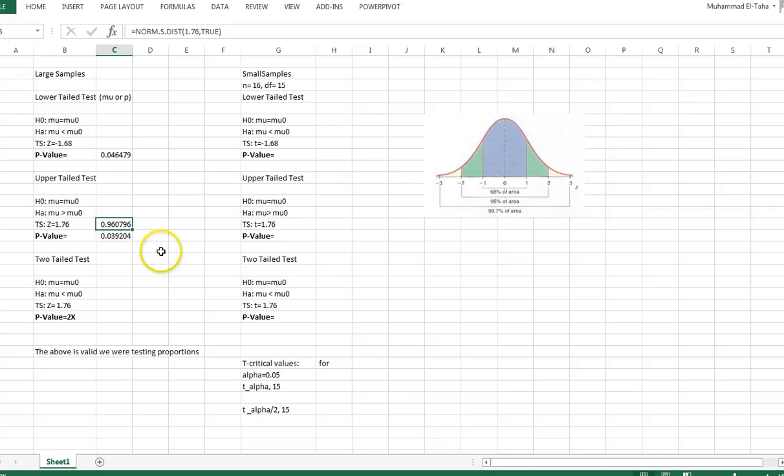Okay, for my p-value in the two-tail test, I can just calculate the corresponding one the same as I did in the one-tail test and double that value.